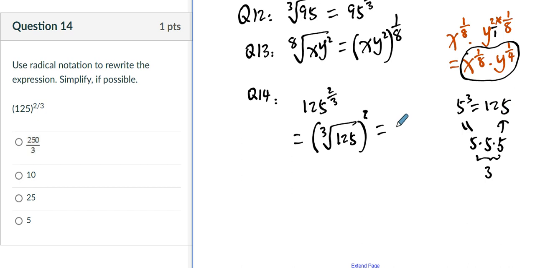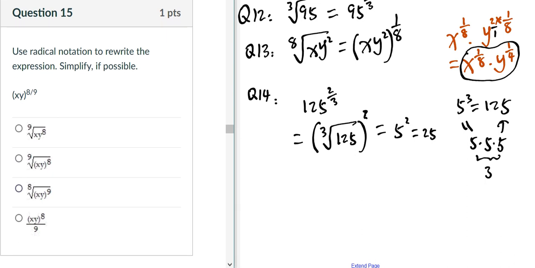So inside, when you take the cube root of 125, you get 5. There was a square outside, you put it over there. So the answer is 25. That would be the third one.